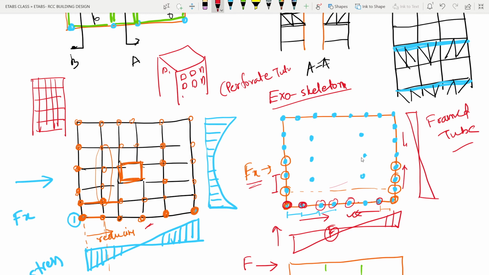Now what we have found is that this frame tube system is also not very efficient, because as the columns are very closely spaced at the outer periphery, it is blocking the view. And here we also get the problem that the columns at the inner area are not giving us higher efficiency.